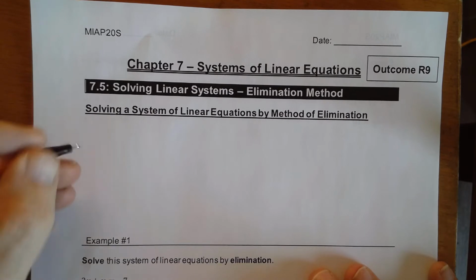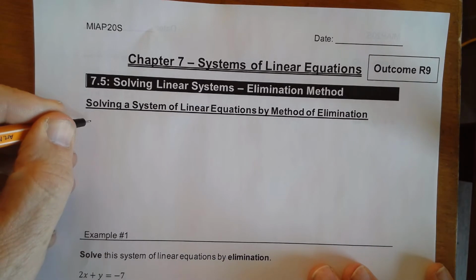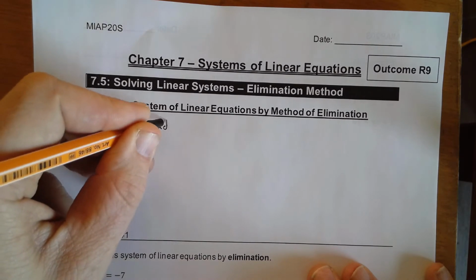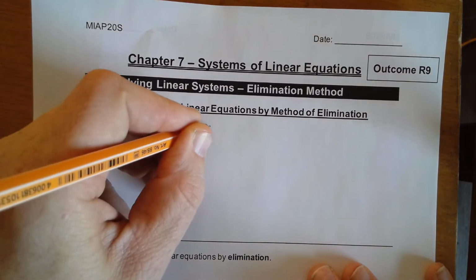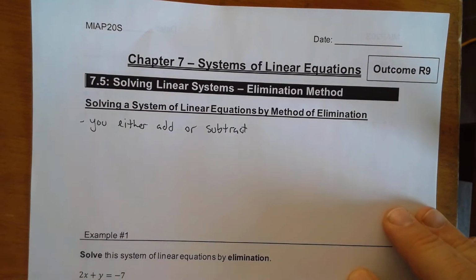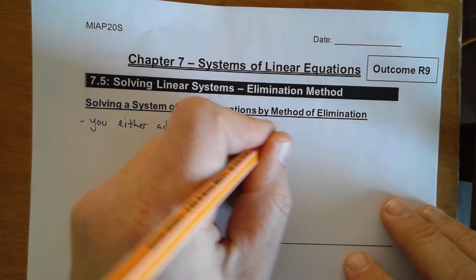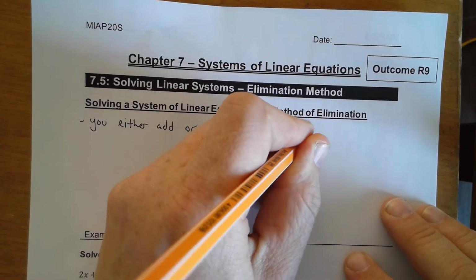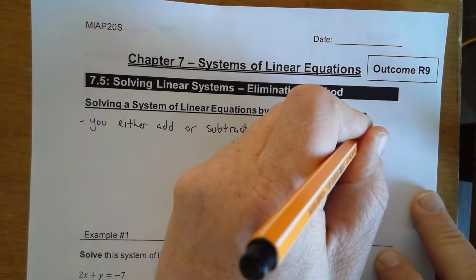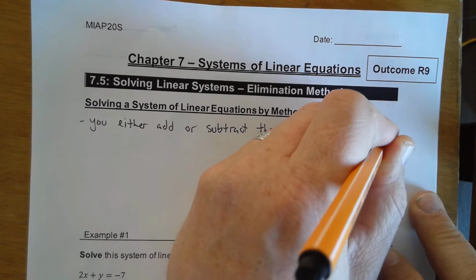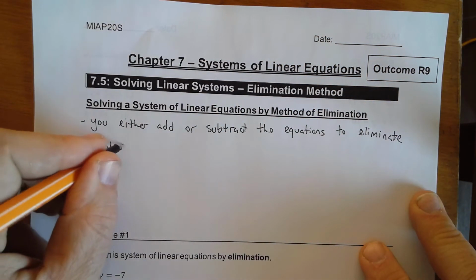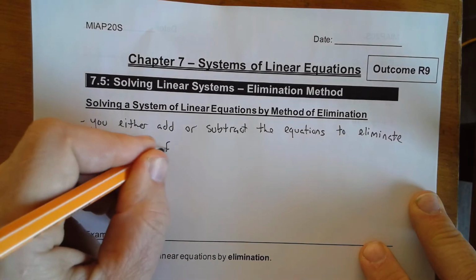In the elimination method, you either add or subtract the equations to eliminate a variable from one equation.